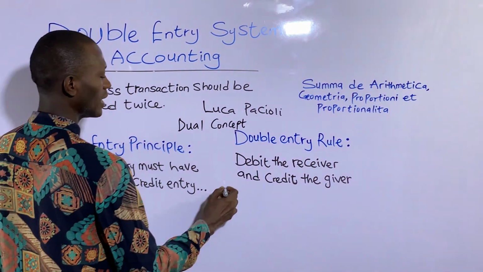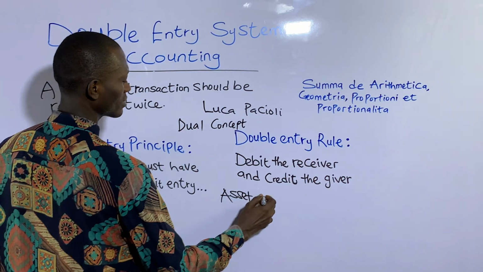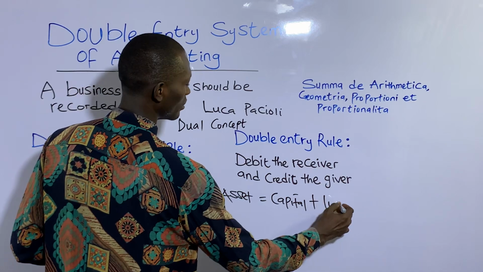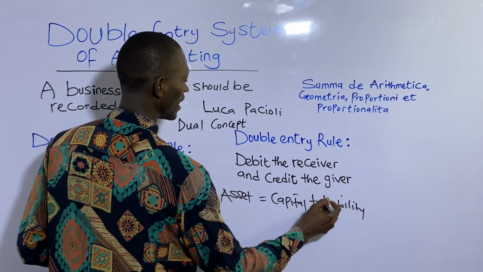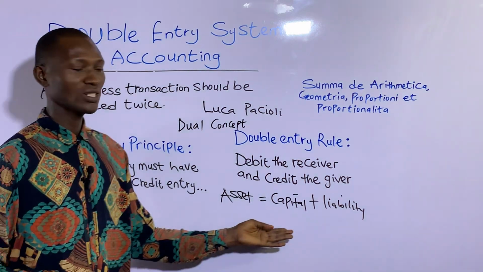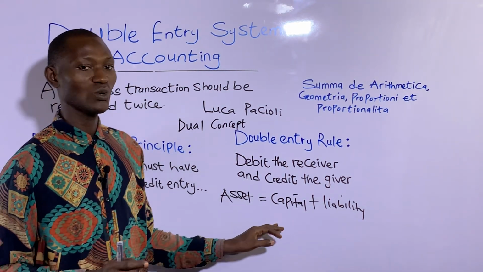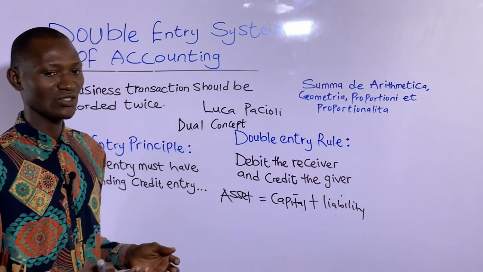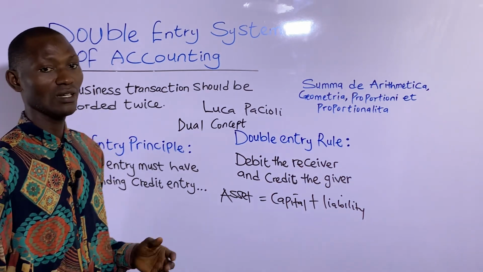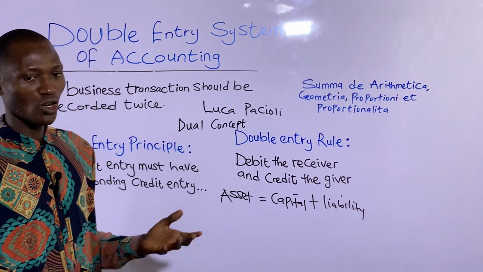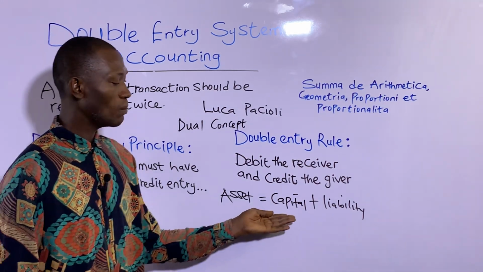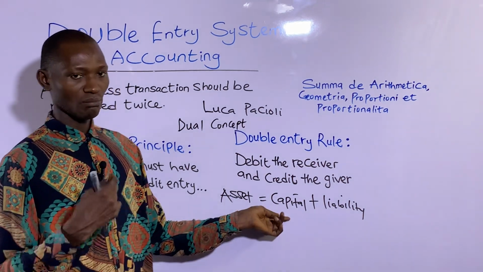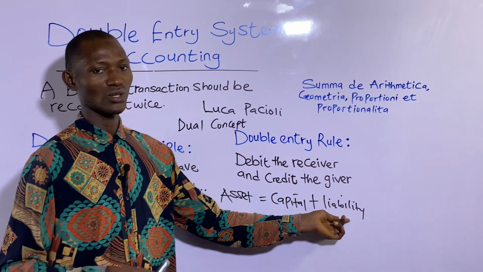The accounting equation, like you all know, is assets equals capital plus liability.